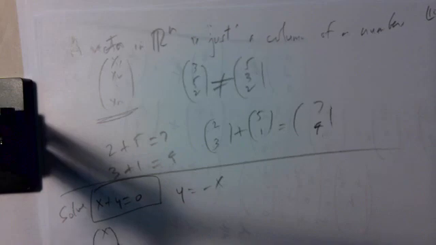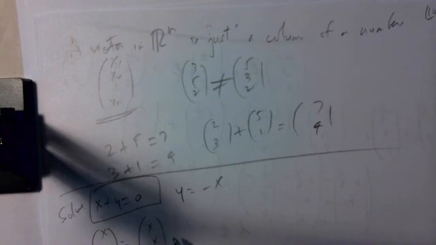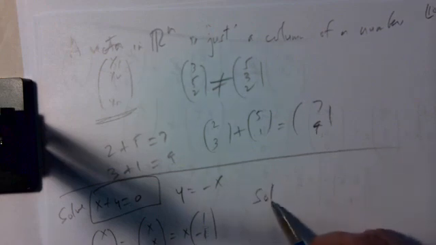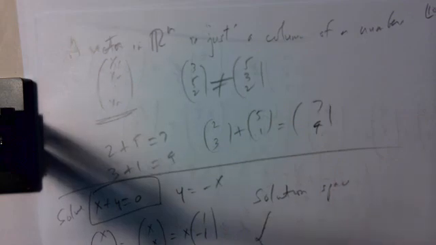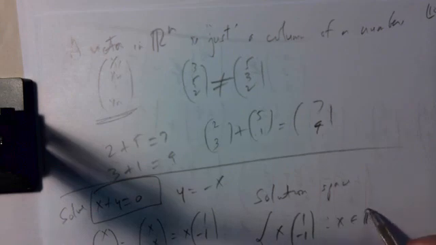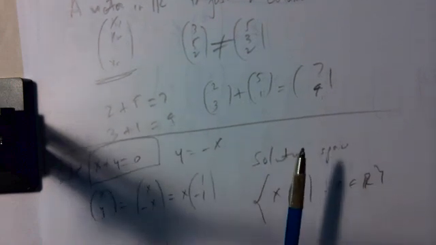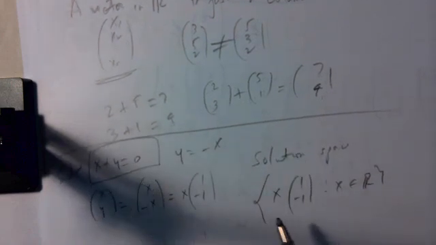So if you look at the vector x, y, x is x and y has to be minus x, which is the same as x times the vector 1, minus 1. So the solution space is the set of all vectors x times 1, minus 1 for all real numbers x. So the solution space of this very simple equation is exactly the set of all scalar multiples of 1, minus 1.